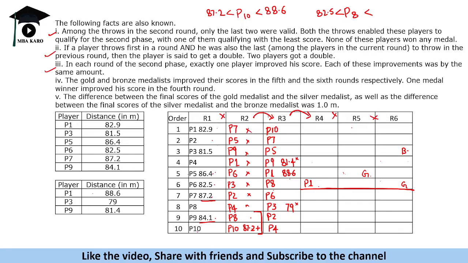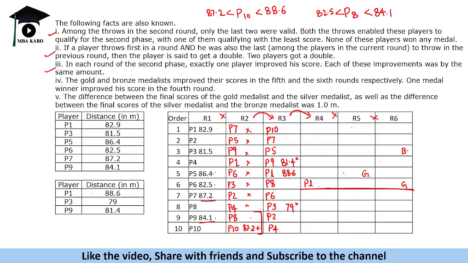So anyway, it would have been in the fifth position also. It does not matter. Okay, P8 must have got less than 84.1 for sure. P8 could have been here also, not an issue because P1 made 88.6 and qualified here. So P8 could have been till 84.1. For sure it is less than this P9.